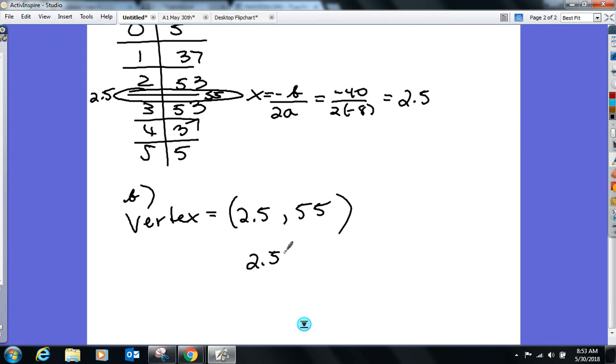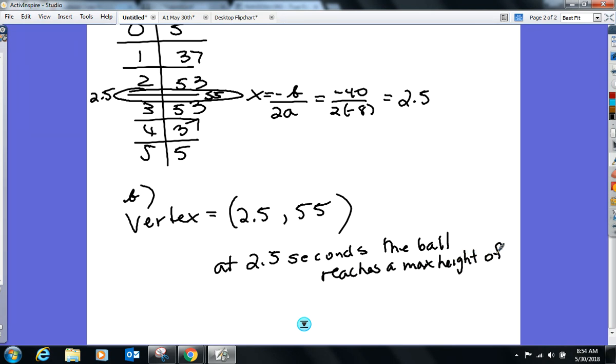Seconds, minutes, hours, days? So at 2.5 seconds, what are we talking here? The ball reaches what, Marco? Of what? What's the max height? 55. Let's put, and there's no units on there, right? Nope. It just says units. Okay.